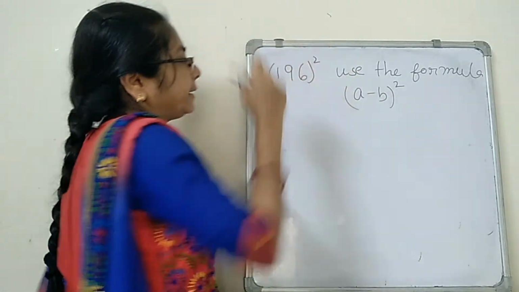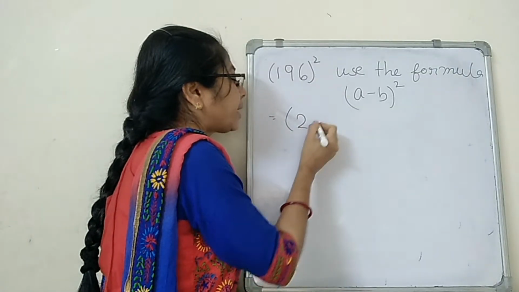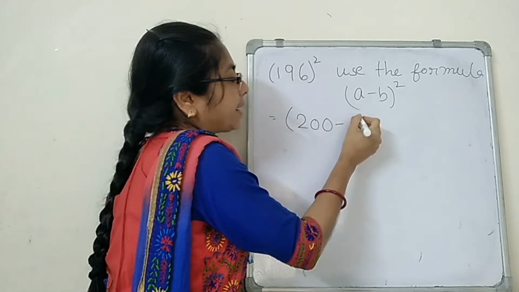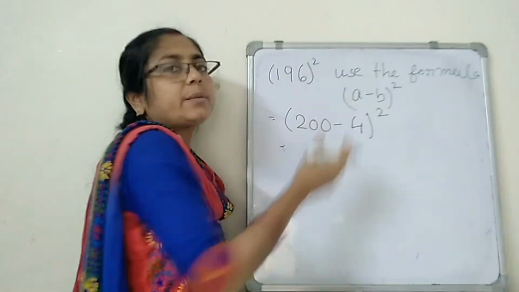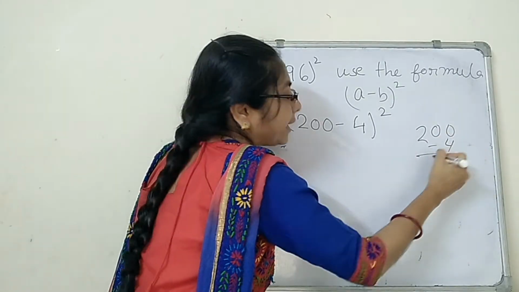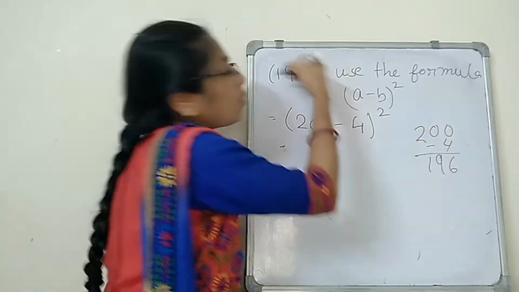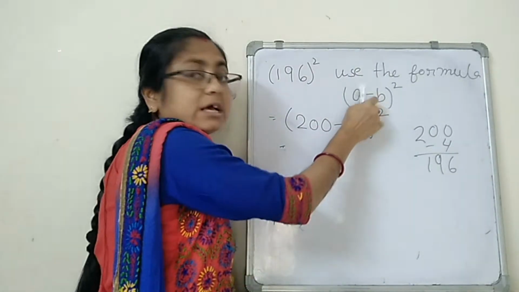We use minus, so we can do it in this way: (200 minus 4) whole square. 200 minus 4, what is it? 196. So 196 we can write in this way, because it is the minus formula.